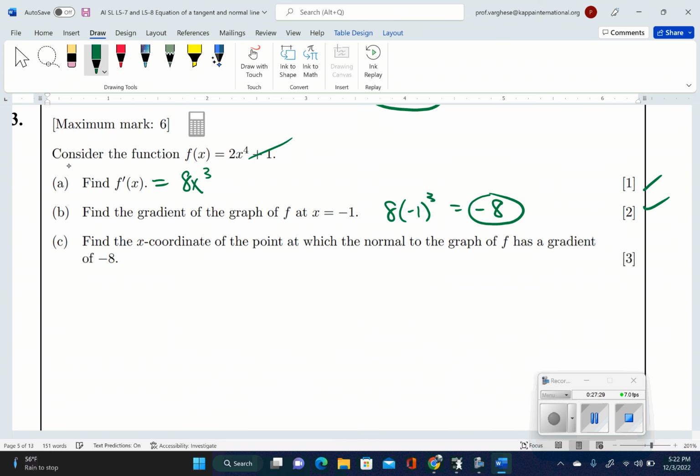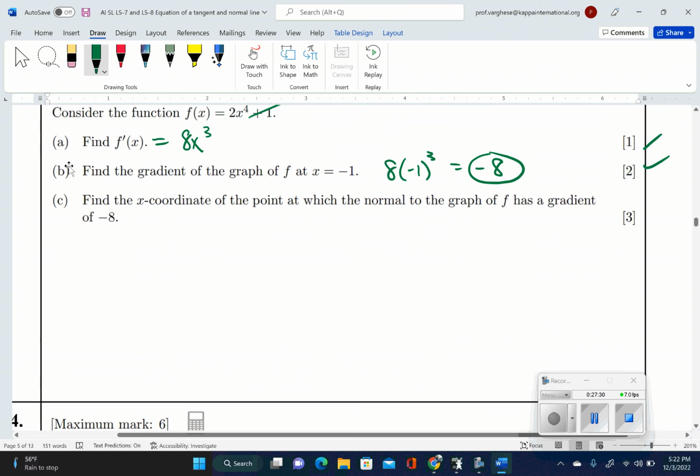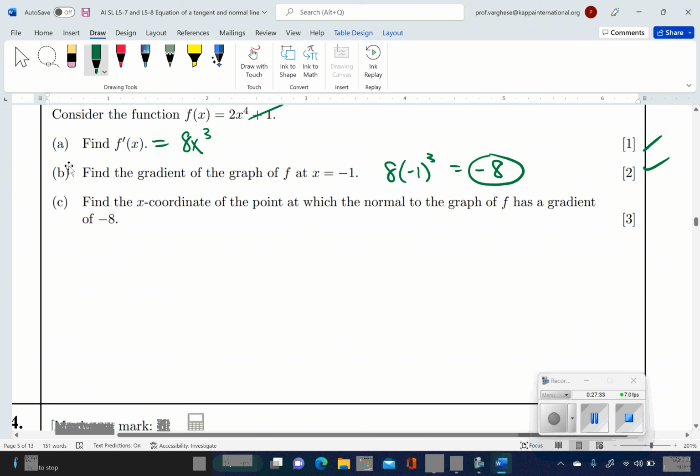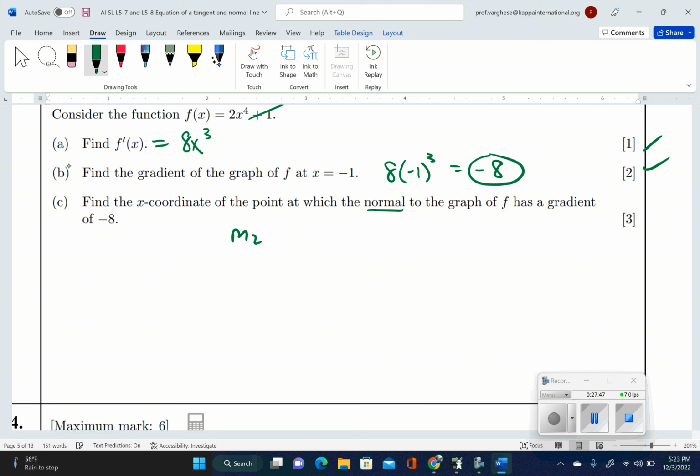Okay. Next one, find the x coordinate of the point which is normal to the graph, and it says it has a gradient of negative 8. So to find the m2, just like we did above, we are going to find the negative reciprocal of negative 8, which is positive 1/8.